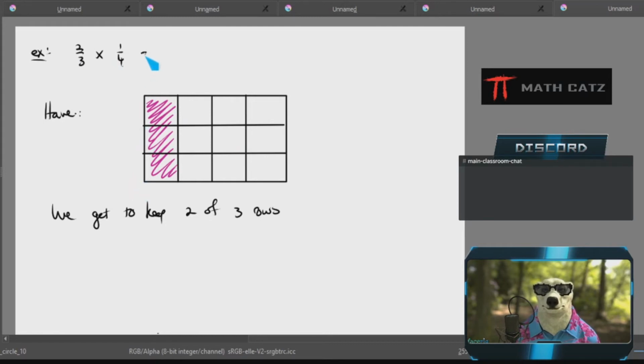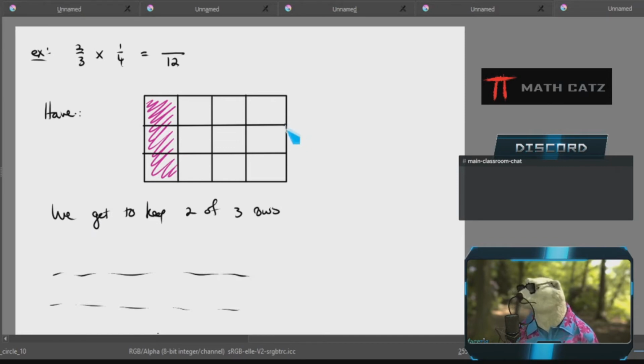And that's why my answer is going to be over 12, because looking at this rectangle, it takes 12 pieces to make a rectangle. That's going to be a sentence over here. And that's going to lead me to my answer with a denominator of 12. Because of what I do in this intuitive process.